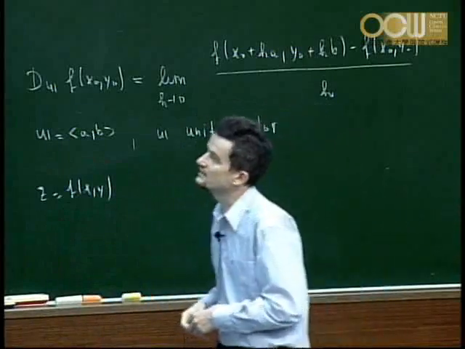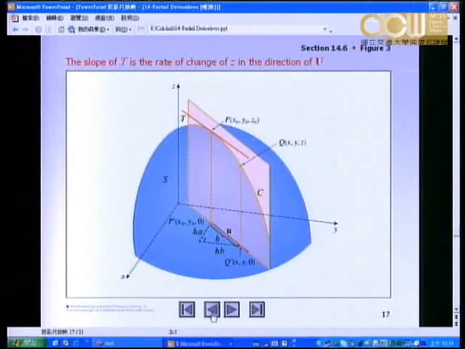But I want to approach the slope of the tangent by replacing the tangent by the secant.